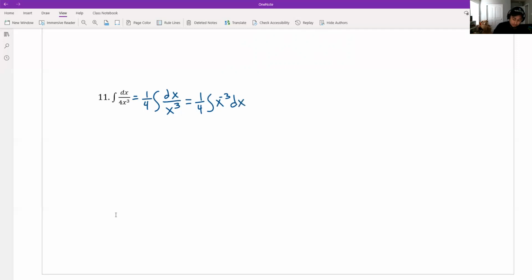All right. And now, all we want is the integral of x to the -3 dx, which means that the 1/4 stays outside, bracket for neatness, and we apply the power rule. X to the -3 plus 1 over -3 plus 1.